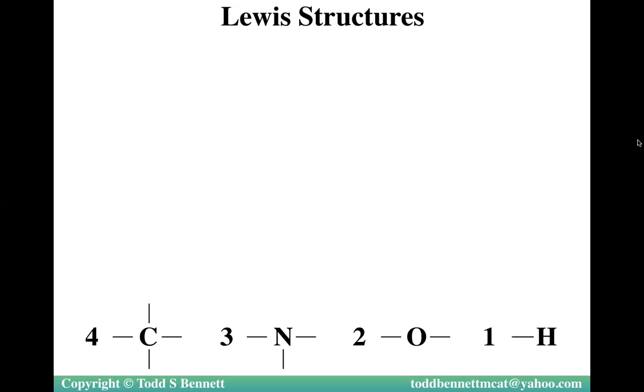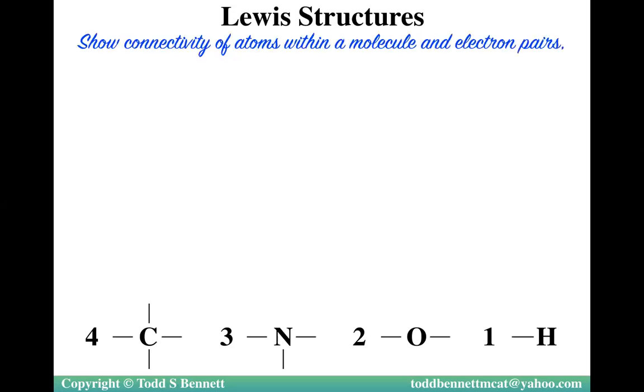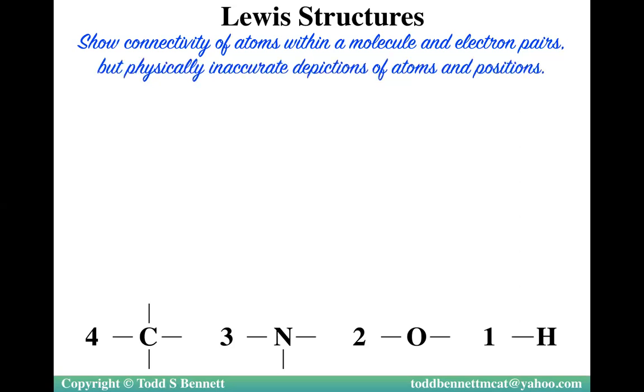So we'll go ahead and look at the first of these. So we'll show the connectivity of the atoms within the molecule, and if there are any lone pairs of electrons that aren't involved in a bond, we'll represent them by a pair of dots. So for instance, this is a so-called Lewis structure.